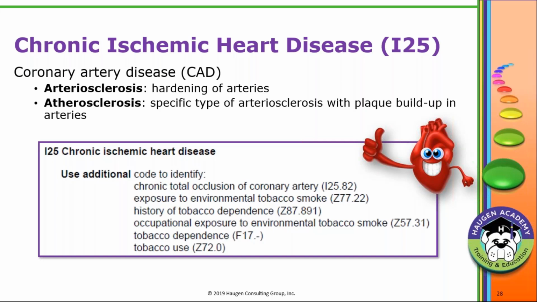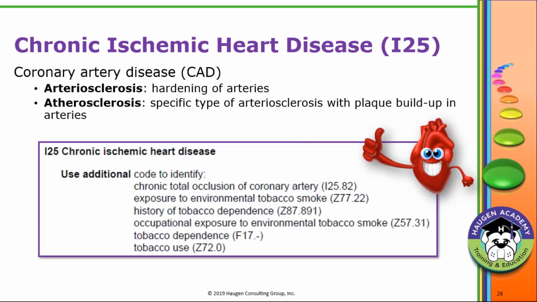Anyway, coronary artery disease, chronic ischemic heart disease, arteriosclerosis, atherosclerosis, lots of terms that describe the same basic thing, but they're all classified to category I-25. I will say, because I've had this come up before, that I know that arteriosclerosis and atherosclerosis are not clinically the same thing. Arteriosclerosis is hardening of the arteries.